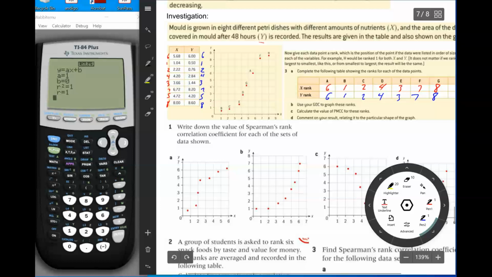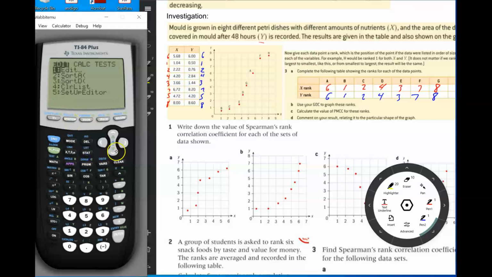So there's a perfect match, right? So if we did put 6, 1, 2, 4, 3, 7, 8 in list 1, and we put 6, 1, 2, 4, 3, 7, 8 in list 2, even though they're not in order here, it doesn't matter, right? If the data lines up when you graph it, then we are going to see perfect correlation.